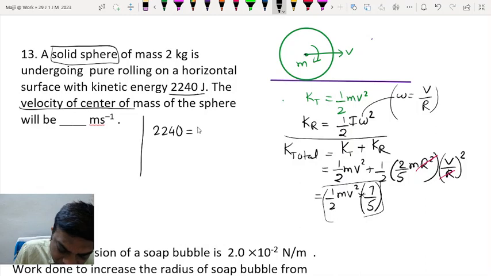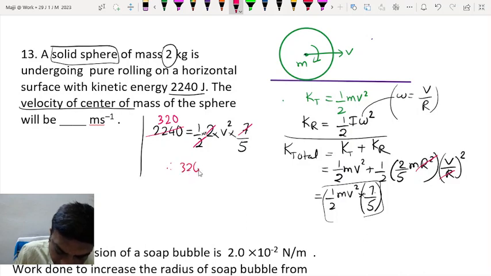Half, mass is 2 kg, v square we have to find, and we have 7 by 5. So 2 and 2 get cancelled here. 7 threes are 21, 7 twos are 14.